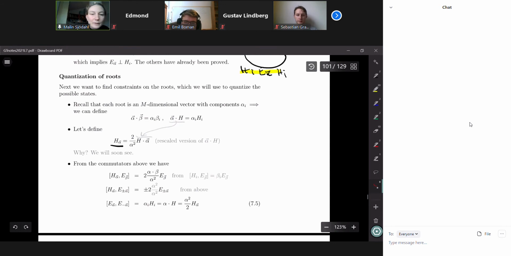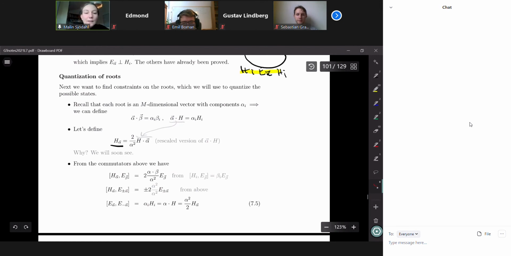So everywhere I have this factor 2 over alpha squared, then I have a component alpha i for my ith element here, and that commuted with E beta gave me beta i E beta. So I end up having some alpha i beta i, that is alpha dot beta. So I end up with this commutation relation.